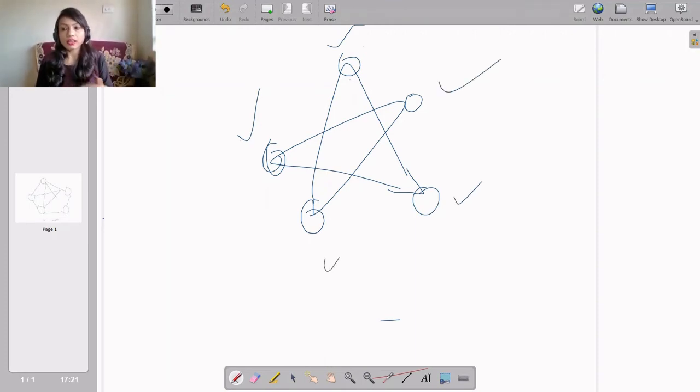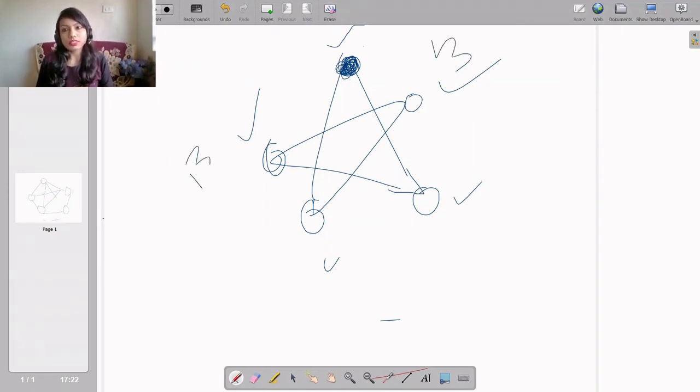That has to be taken care of. Maybe I'll start with blue here. So I'll color this vertex with blue. Then I cannot have blue here, and I cannot have blue here.